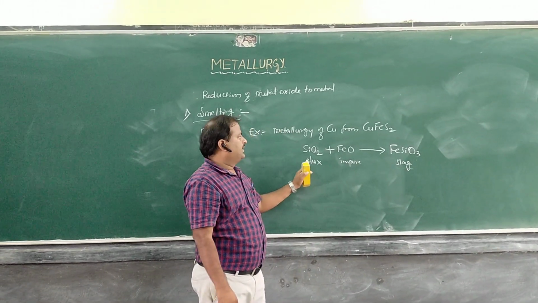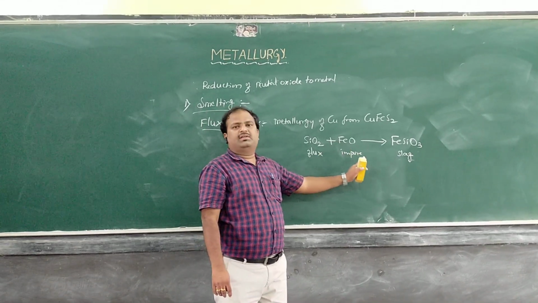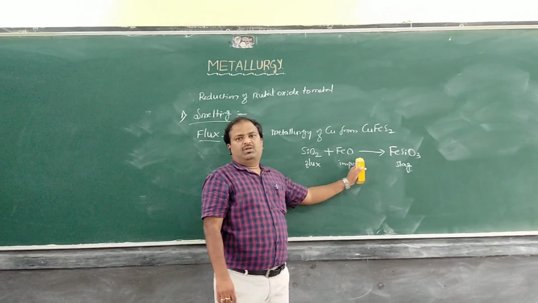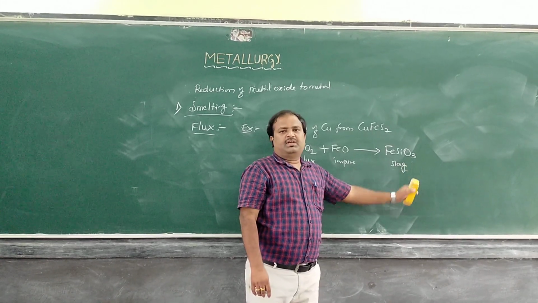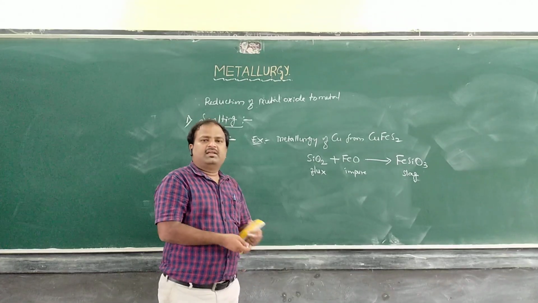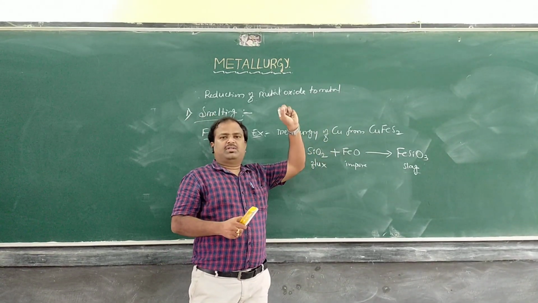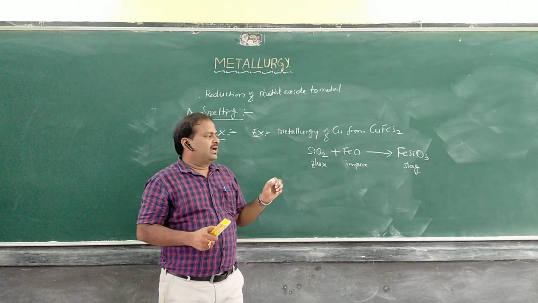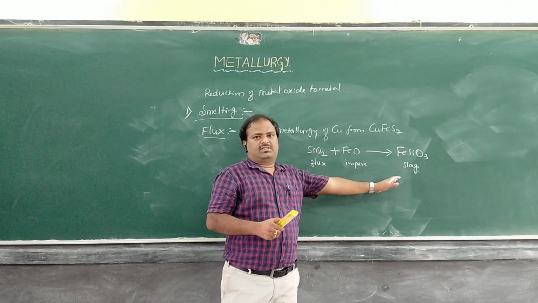This is an example. Here SiO2 silica acts as a flux which combines with the impurity FeO, ferrous oxide, to form ferrous silicate. Before that, the role of flux is, one is to bring down the melting point of the impurity, and another it combines with the impurity to form a fusible product.